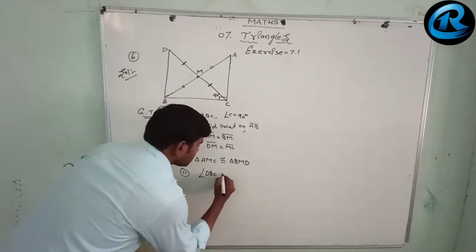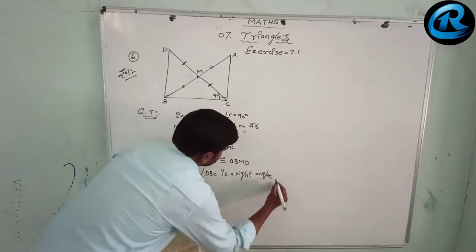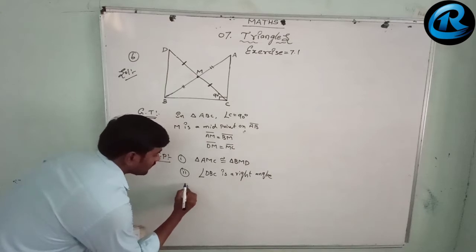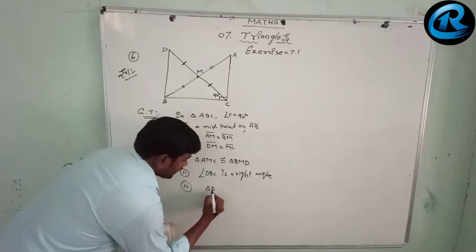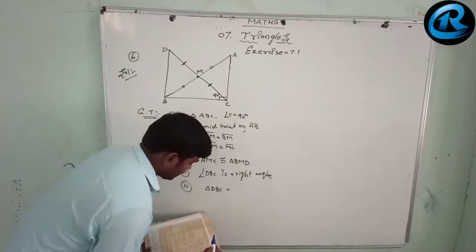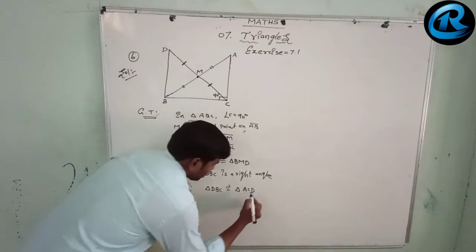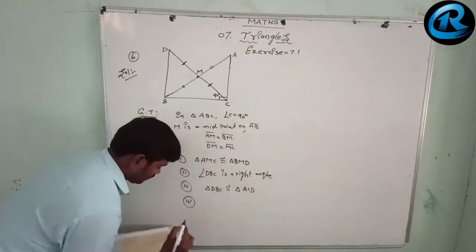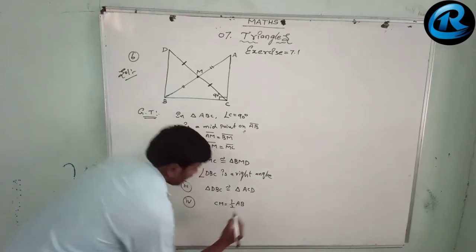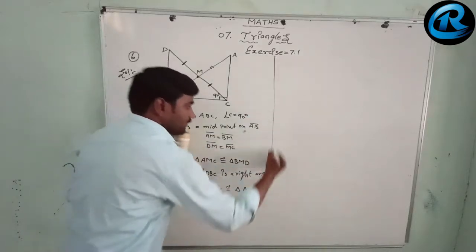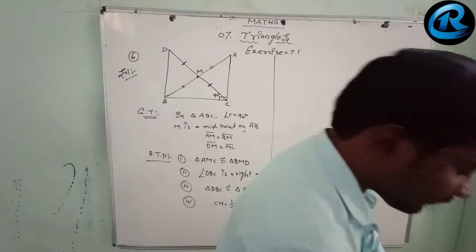Third, we have to prove that triangle DBC is congruent to triangle ACD. Fourth, CM is equal to 1 by 2 of AB. These four we need to prove, one by one. So let us see that.